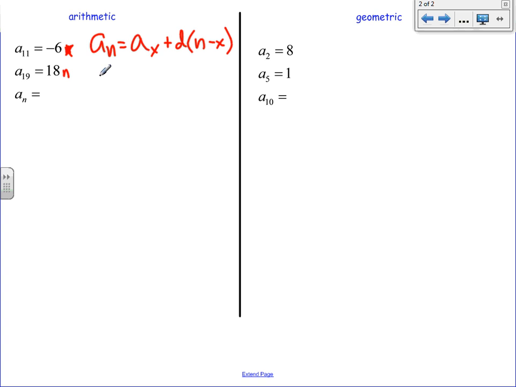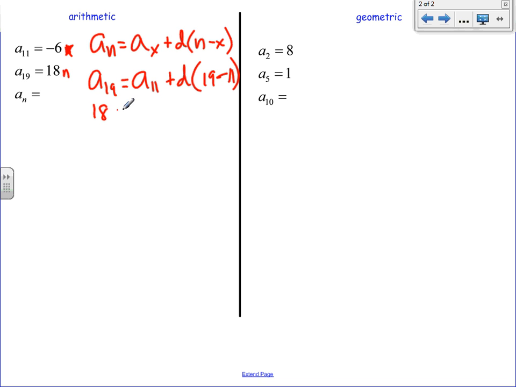So in this case, the 19th term is generated by taking the 11th term and adding d a total of 19 minus 11 times, which is 8. So if we take the 11th term and add d 8 times, we'll end up at the 19th term.